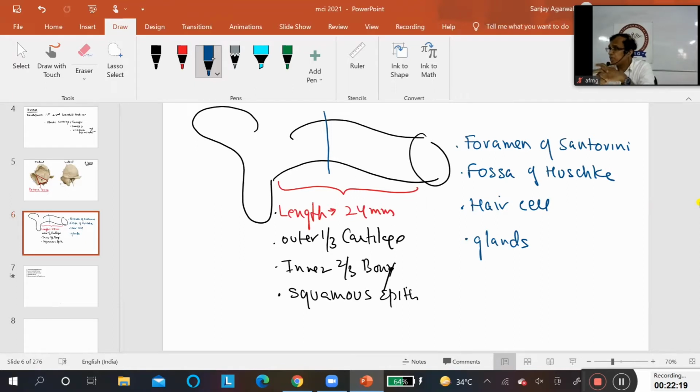Now the first 2 names out of these 4, if you read these names, these are fancy names. Many of you may not have heard these names, Santorini and Hasta. And our exam pattern, you know, they are fond of asking strange names. Whenever there is a strange name, it's a question straight away.